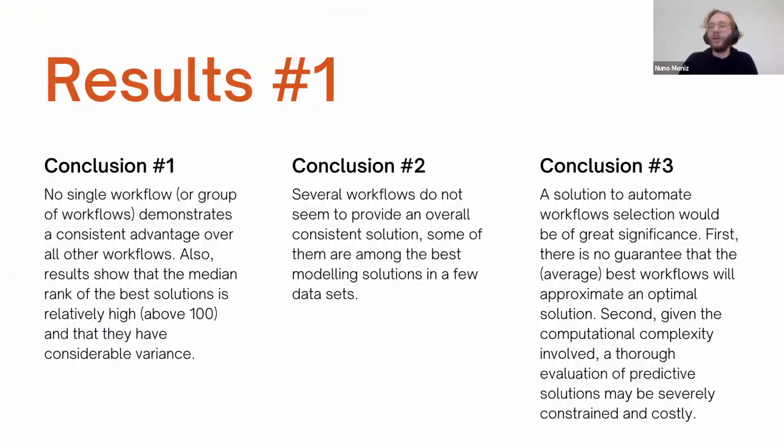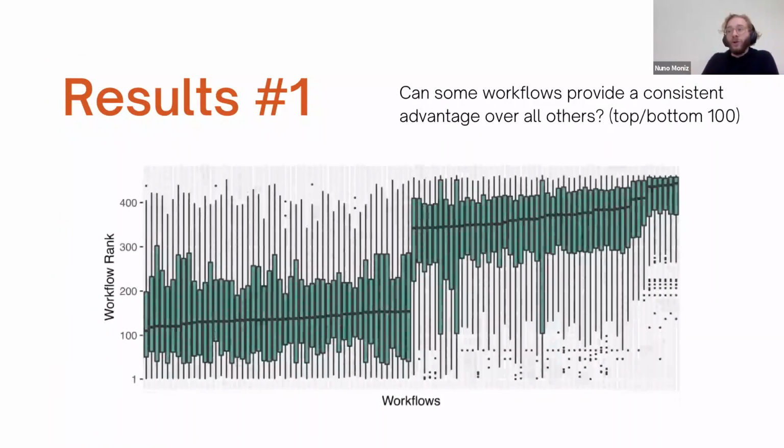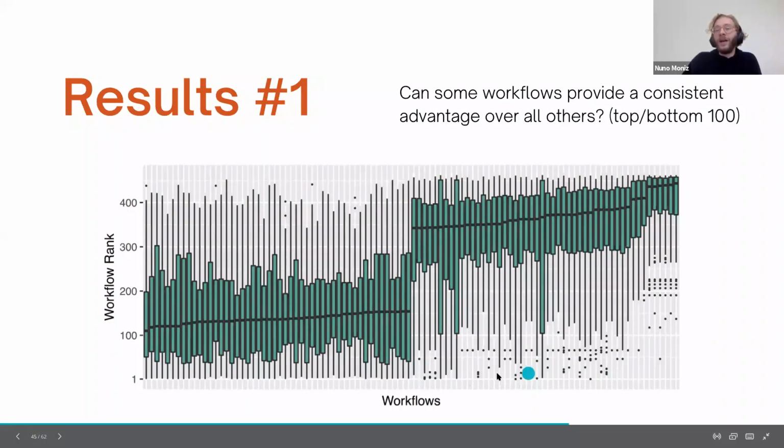come to this method. Then we also see on the other end that several workflows do not present very good solutions, but there are some of them, even in the bottom 100, that sometimes provide the best solution or one of the best solutions, okay?